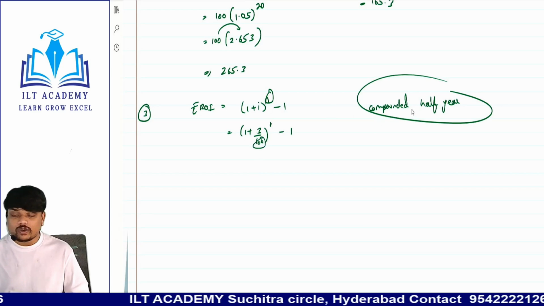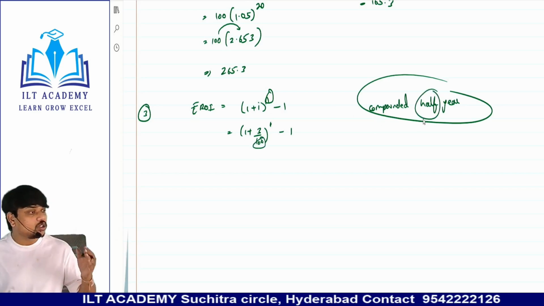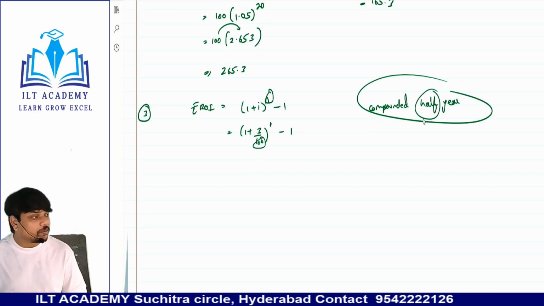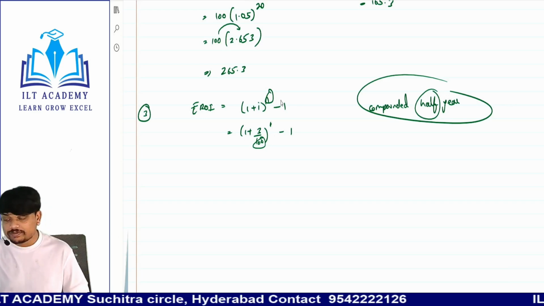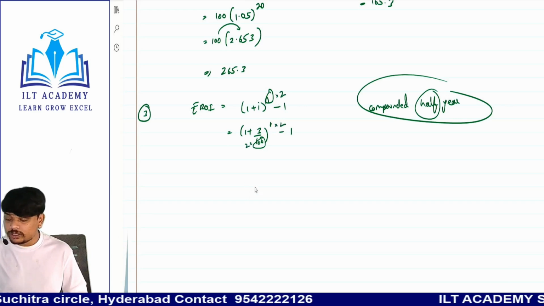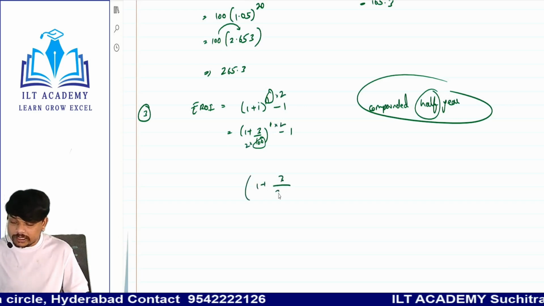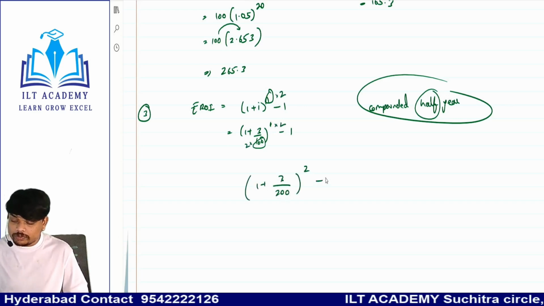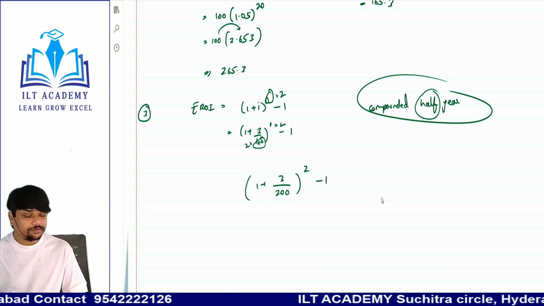It is compounded half yearly, so in 1 year it is 2 times, into 2 into 2, so it becomes (1 plus 3 by 200) whole power 2, minus 1.